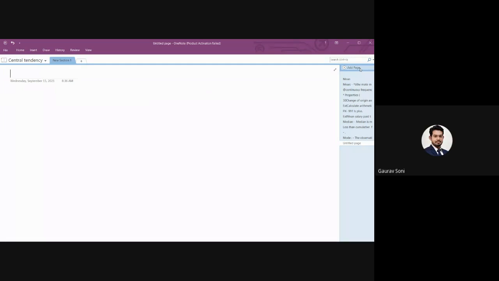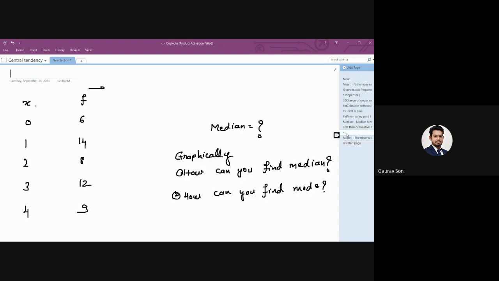So I gave you one homework about how to find the median for a discrete frequency distribution. Does anyone have the answer? No one?